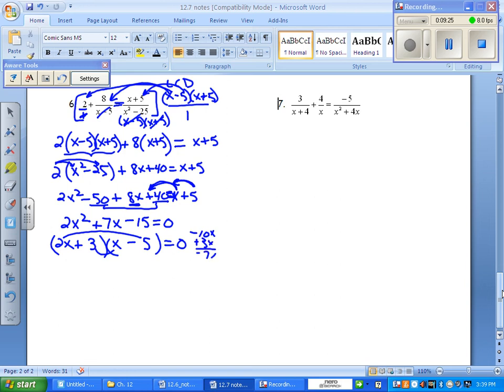That gives me a negative 7x. Right number, wrong sign, which tells me that I really should have a negative on this 3 and a positive on that 5. And now we have it correctly factored. So this x will equal, this is a negative, it'll equal a positive 3/2 and a negative 5.